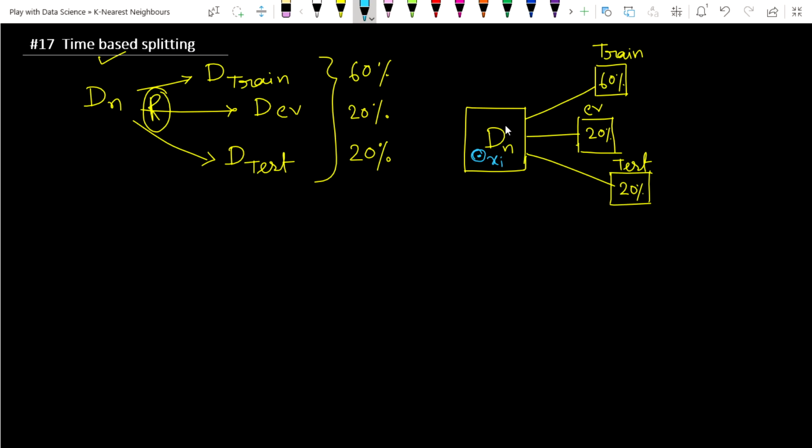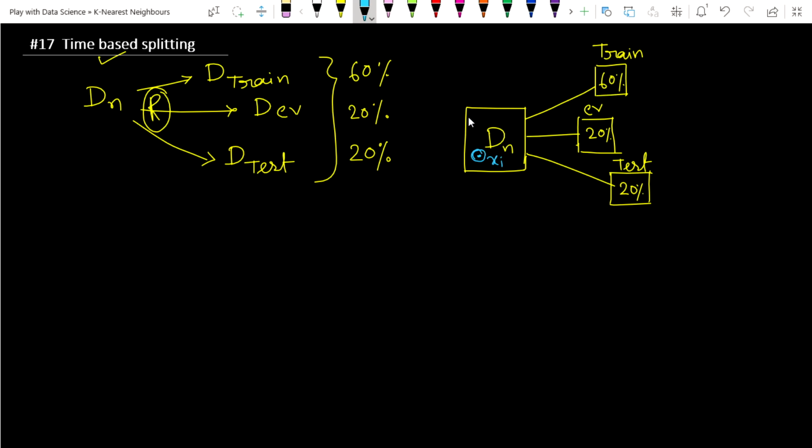Because from the whole data set we have taken 60% for train, 20% for cross validation, and 20% for test. Since we are doing this randomly, the distribution of the data is equally probable for each chunk.